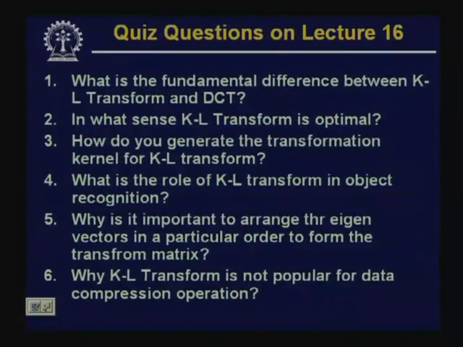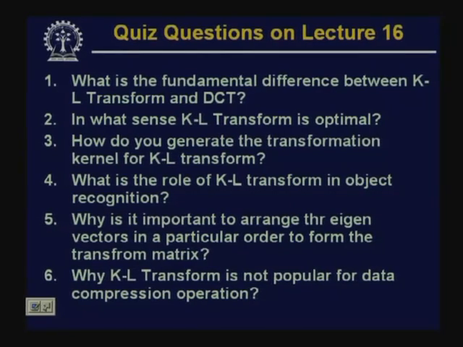Now, coming to today's lecture, questions on today's lecture. The first question is, what is the fundamental difference between KL transform and discrete cosine transform? The second question, in what sense is KL transform optimal? Third question is, how do you generate the transformation kernel for KL transform?